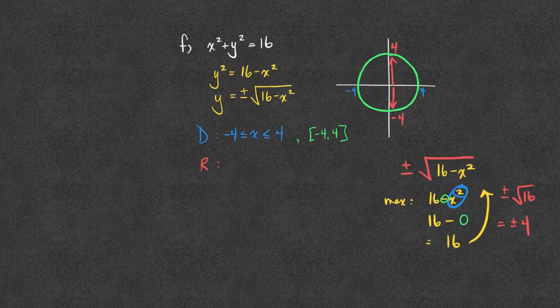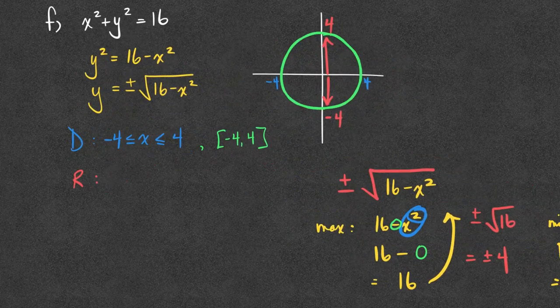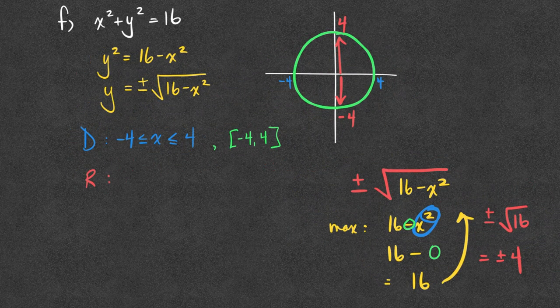Okay, that means that if I come back over and I address my range, my y values have to be greater than -4, but always less than 4. And same thing if you're looking at interval notation.